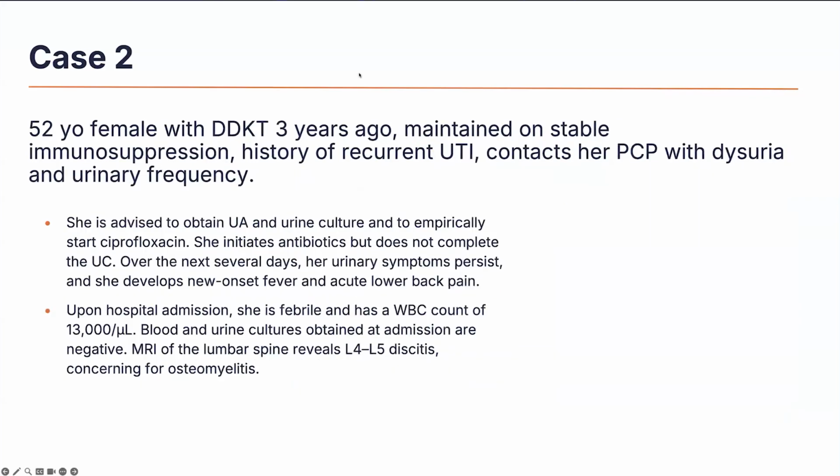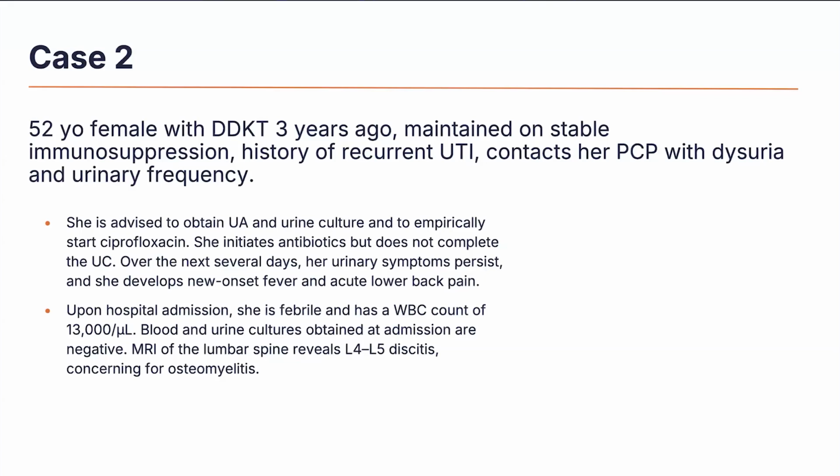This is a 52-year-old female with a history of deceased donor kidney transplant 3 years ago. She has a history of recurrent UTIs and frequently gets prescriptions of antibiotics to treat those. This time she develops another episode of what seems like cystitis. She calls the primary care, who advises to get a urinalysis and urine culture and sends a script for ciprofloxacin.